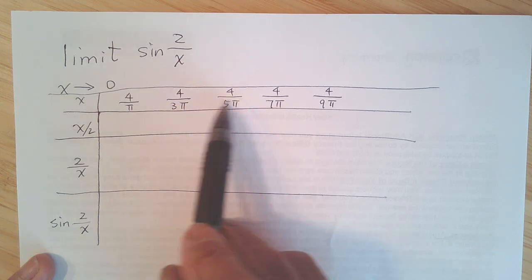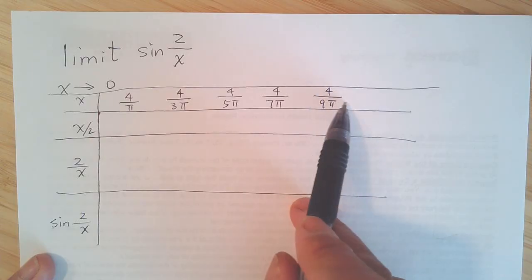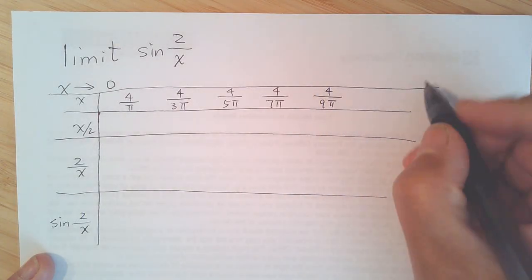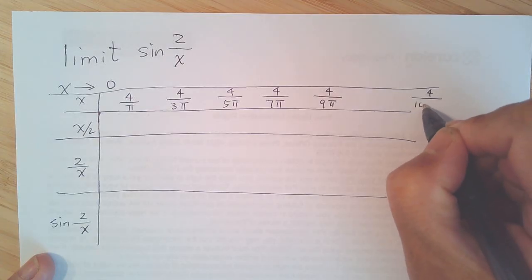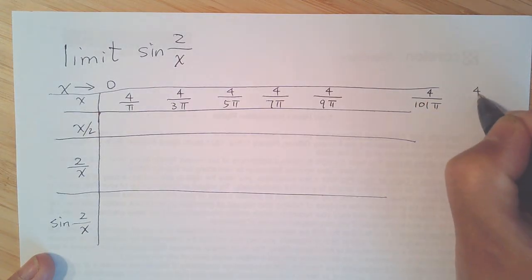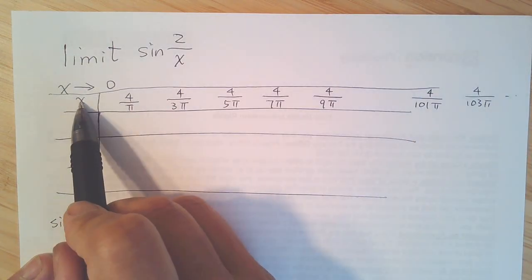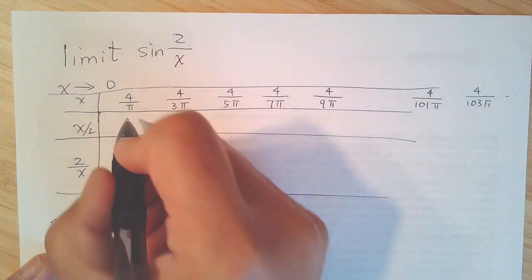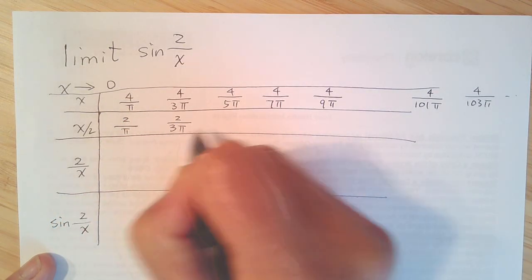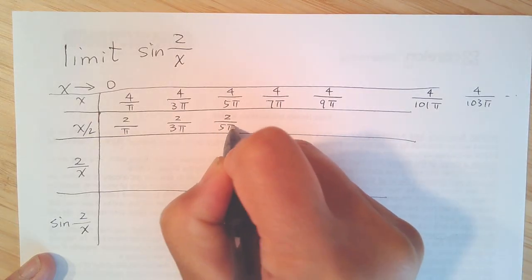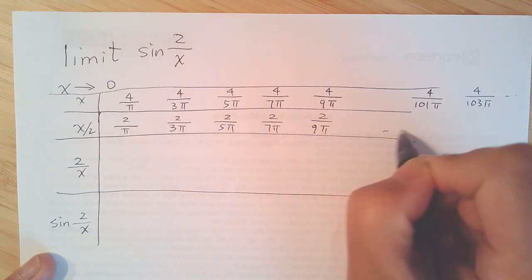It's greater because the higher the denominator, if they have the same numerator, then the fraction gets smaller and smaller, and it goes to like 4 over 101 pi, 4 over 103 pi. You can continue. Now, if this is an x, then what is x over 2, which is just half of that? It's going to be 2 over pi, 2 over 3 pi, 2 over 5 pi, 2 over 7 pi, and 2 over 9 pi.